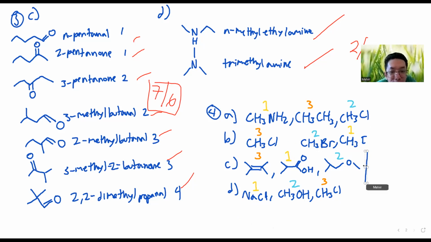Alam mo, Josh, you can just indicate one being the strongest IMFA or weakest IMFA, two intermediate strength, three the strongest or weakest depending on your notation.